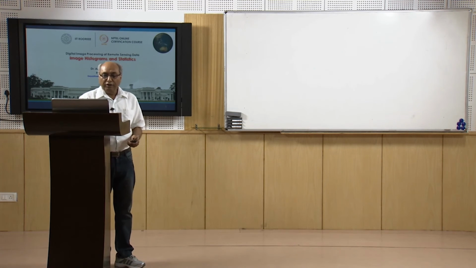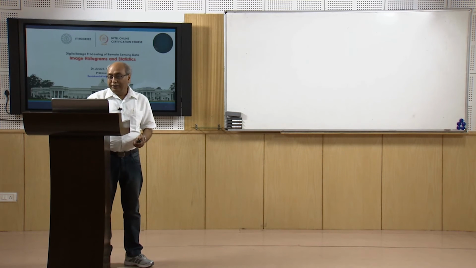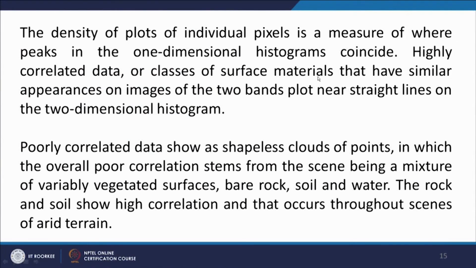The density of plots of individual pixels is a measure of where the peaks in the one-dimensional histograms coincide. If you have high density, that means the two bands have almost the same pixel value within the scatter plot. Highly correlated data, or classes of surface materials that have similar appearances on images of two bands, plot near straight lines on the two-dimensional histogram.